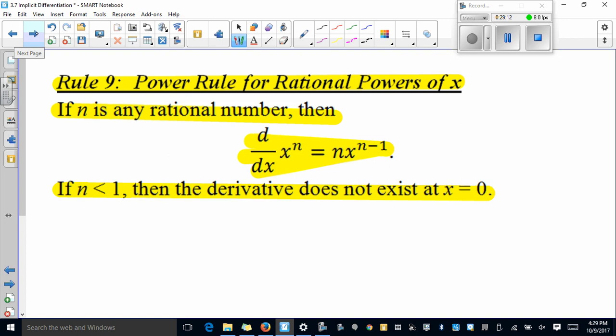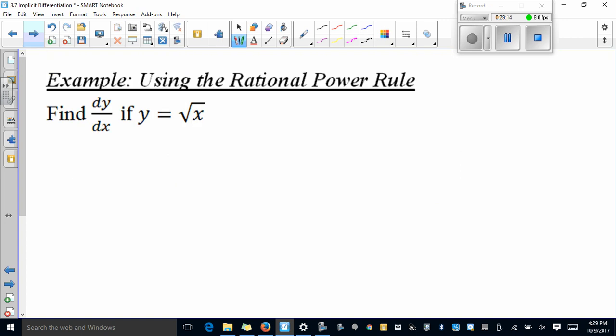x to the 1/2, just rewrite it, so I have y equals x to the 1/2, so dy dx, power rule, 1/2 x to the 1/2 minus 1. 1 over 2 minus 2 over 2 equals negative 1/2.